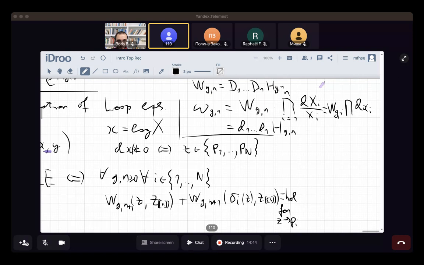So combining this and this, you immediately arrive at this statement. Is it clear why omega is related to W precisely by this factor? It follows from this and this, where D_i means the partial derivative with respect to x_i, so d over dx_i.